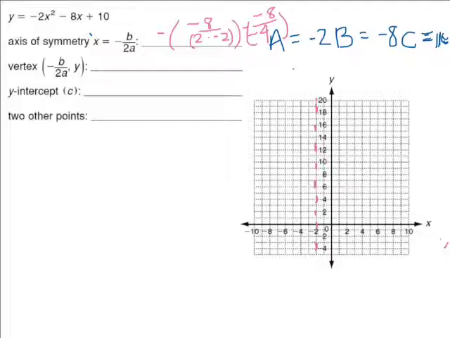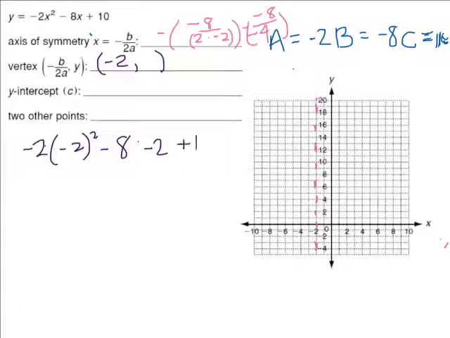Next thing is to find a point, which is called the vertex, on our axis of symmetry. We're going to use that x, it's negative 2, and we're going to find a y. Let's do our calculations right down here. Negative 2 squared is a positive 4.